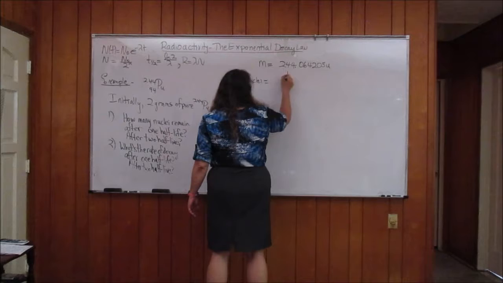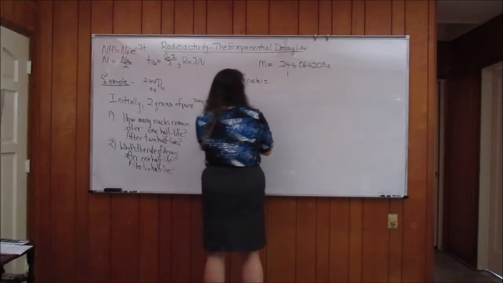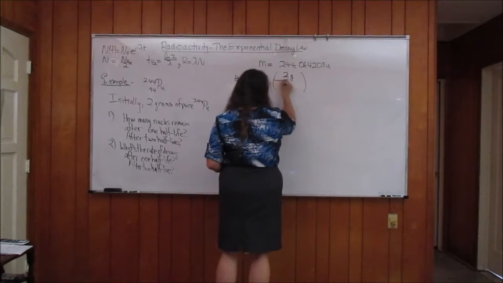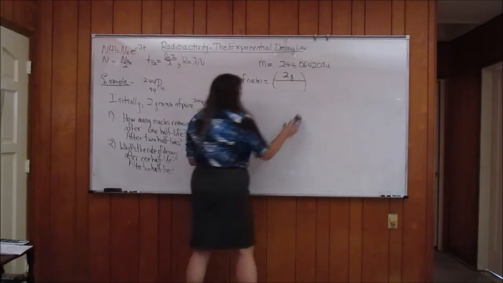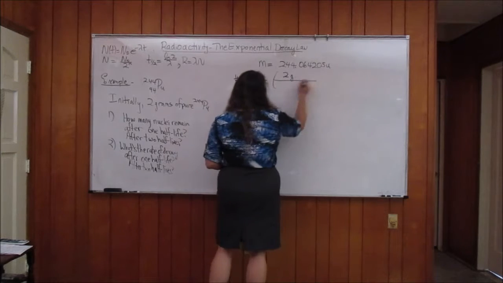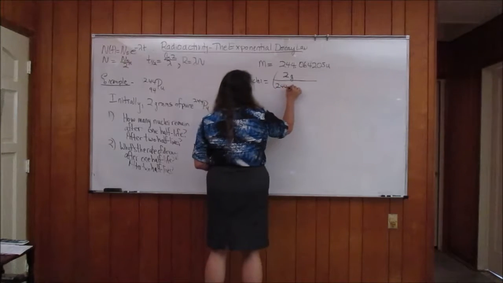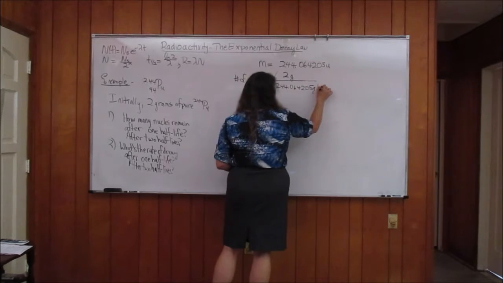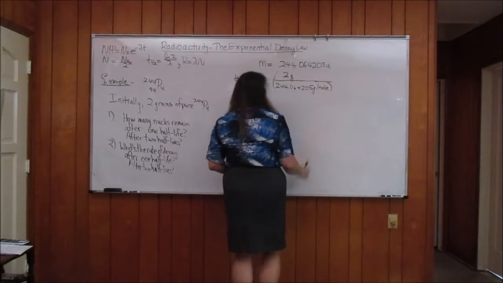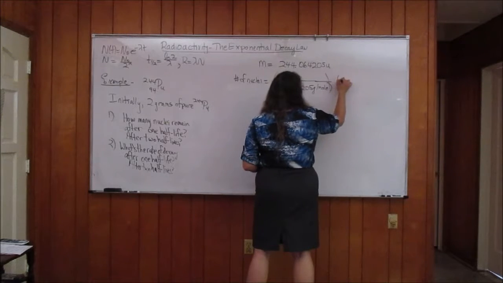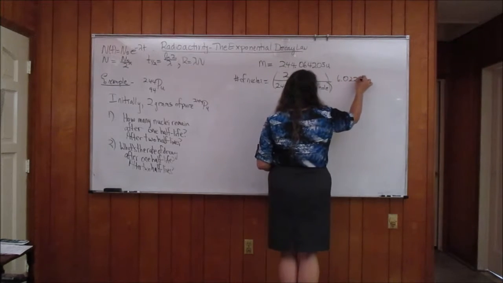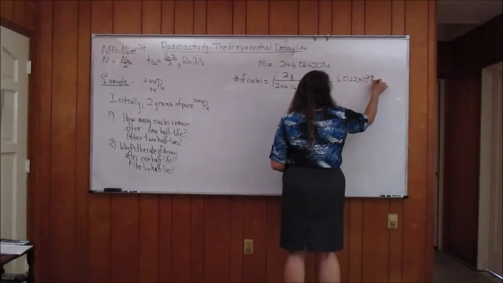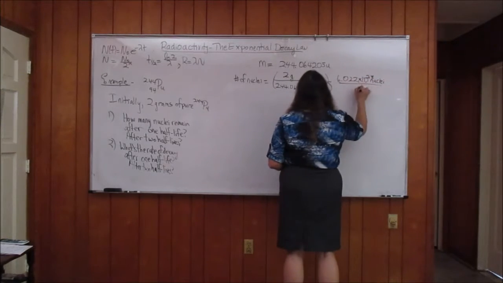We've got 2 grams of plutonium, and I know that there are 244.064205 grams per mole, and there are 6.022 times 10 to the 23rd nuclei per mole.